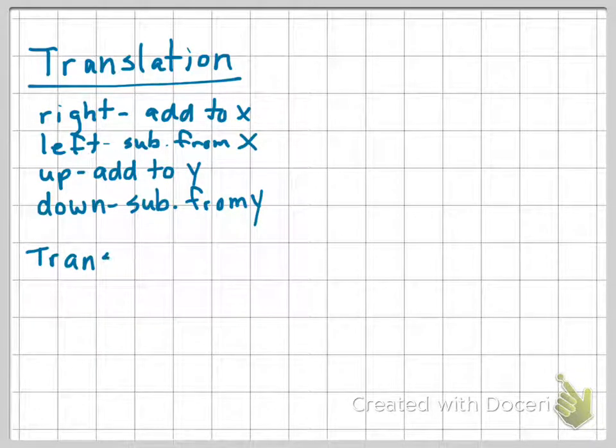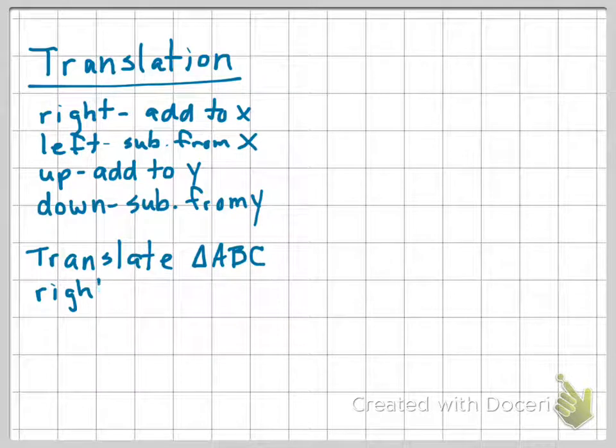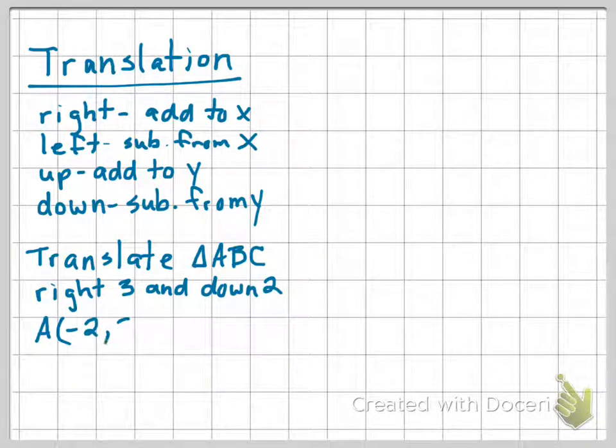Okay, so now if it said to translate triangle ABC, and in this case right 3 and down 2, and then it gives me the coordinates. Okay, if I want to use the coordinates, I need to use my rules.